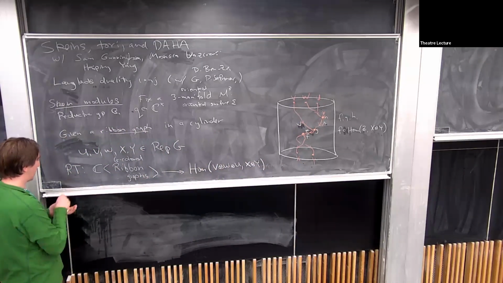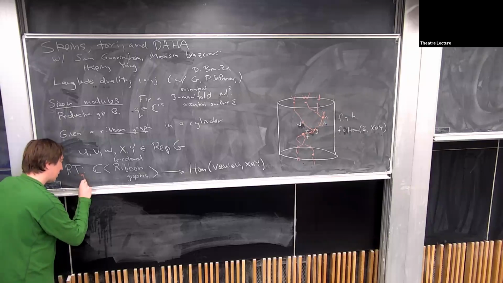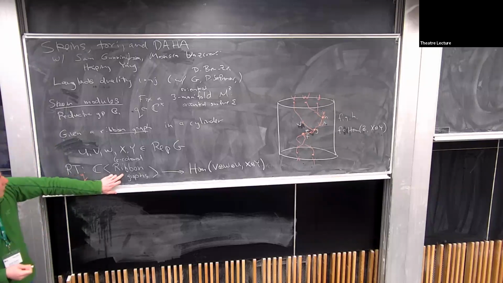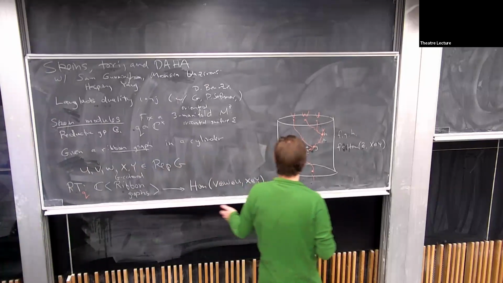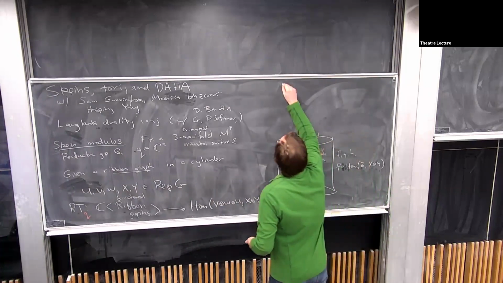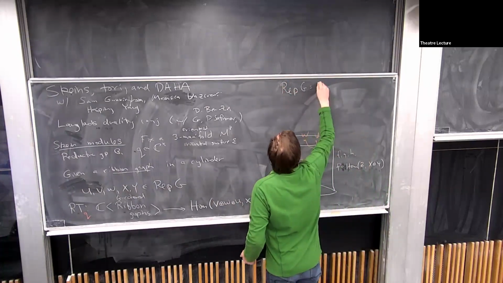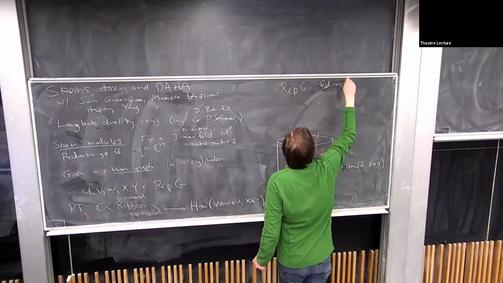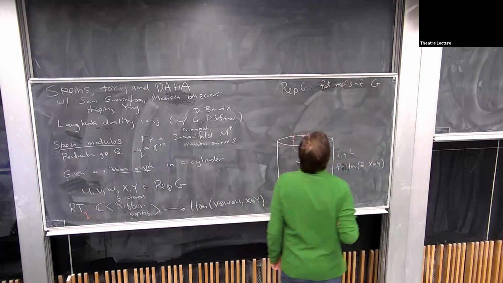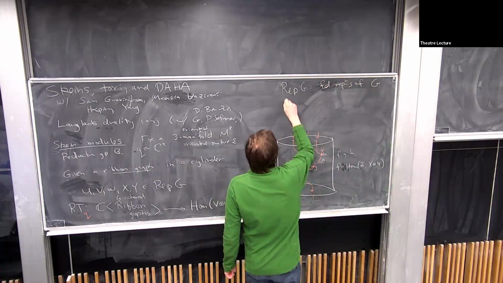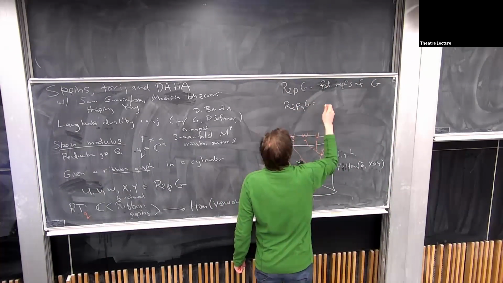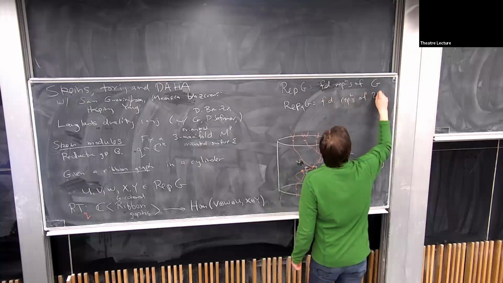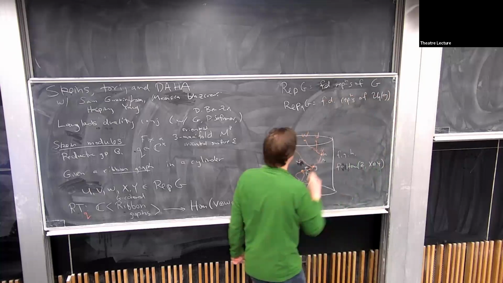An important point is that the Reshetikhin-Turaev construction works for any ribbon graph. So there are actually two categories that I want to consider. I can consider Rep G, which is finite dimensional representations of my reductive group G, and there's another category called Rep_Q G. This is finite dimensional representations of U_Q G, certain ones.